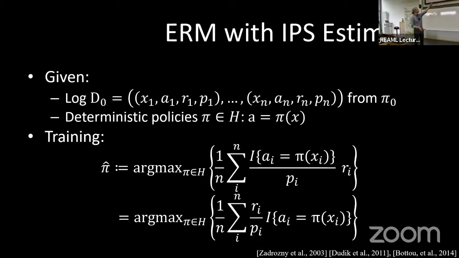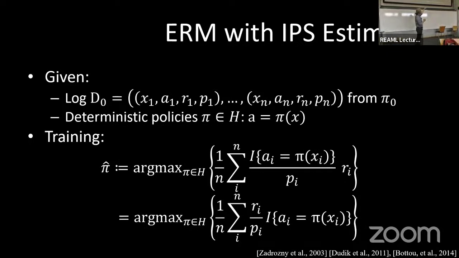So here's again the IPS estimator. And if we pick the class of policies to be deterministic functions, so that's this I here, then if you take the IPS estimator and rewrite it very syntactically, what you get is actually multi-class classification.